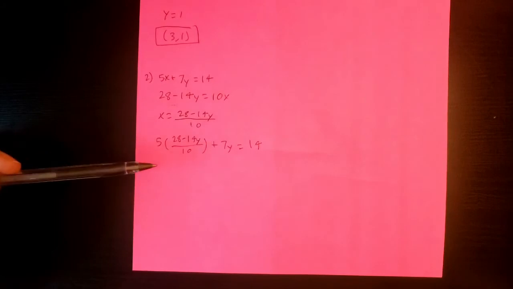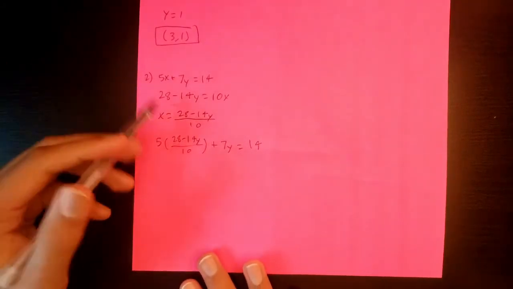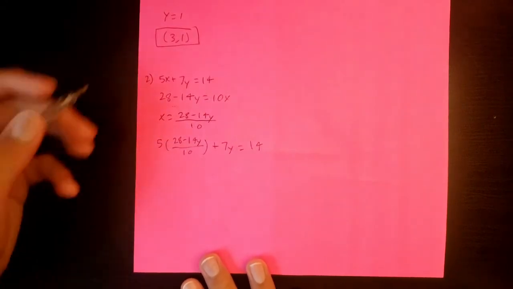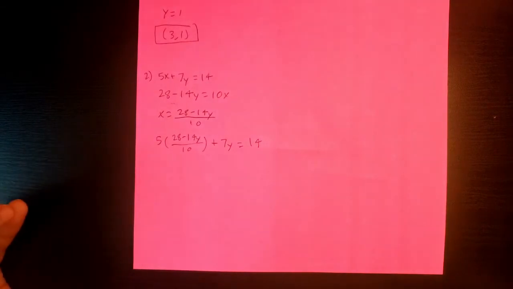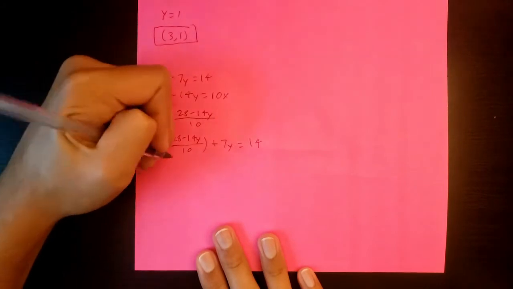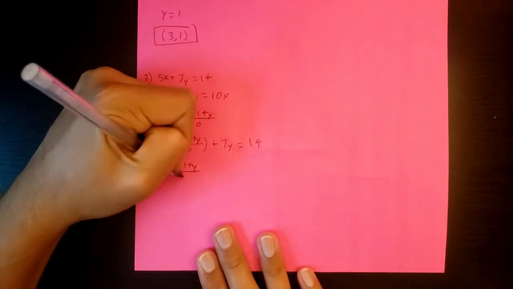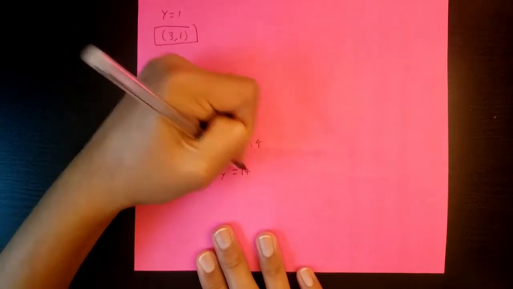We can simplify this part of the expression further by canceling out the 5 and the 10, which is a very, very complicated way of saying that we divide both the top and bottom by 5. So then you would get 28 minus 14y over 2 plus 7y equals 14.